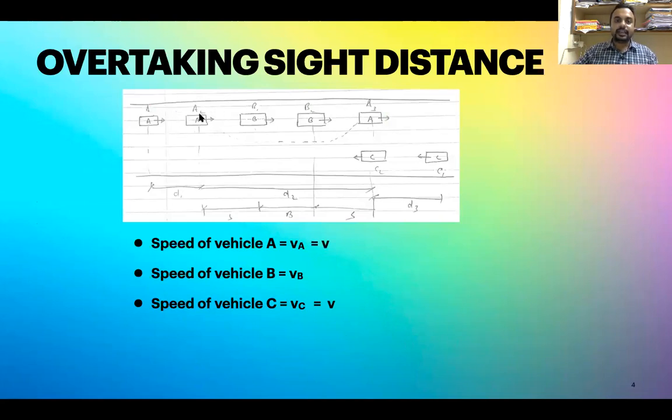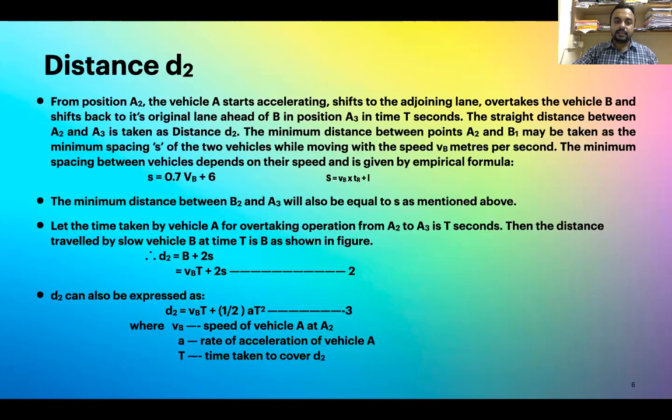So this distance D2 can also be expressed as the distance covered from A2, S equal to ut plus half at square. U means velocity of A2 at this particular point, that is VB, isn't it? So S, the distance traveled, that is D2, equals VB into T plus half into A into T square. I hope all of you are able to understand this clearly.